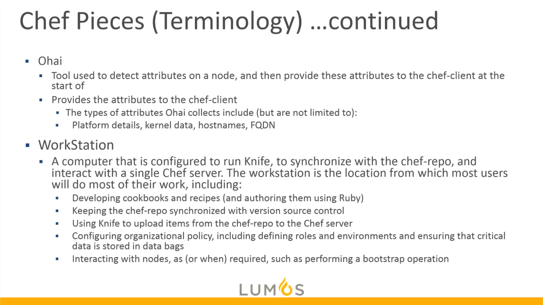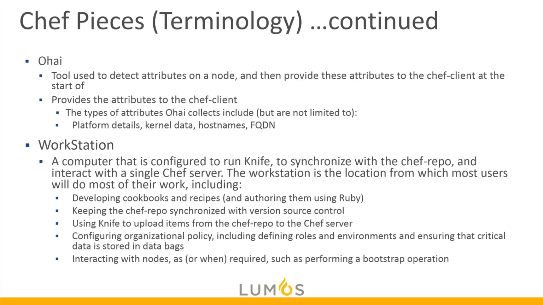So the workstation is located somewhere which most users will do their work, including developing the cookbooks and the recipes, authored using Ruby, keeping the Chef repository synchronized with version control, source control, using knife to upload the items, to cut up and upload them from the Chef repository, I should say, sorry, to the server, and then configuring this organizational policy.